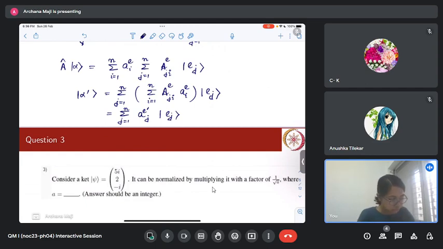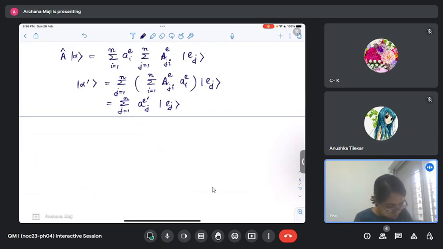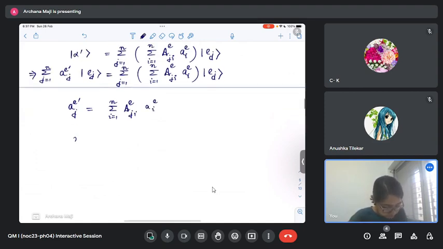So what do we get from here? We see that, if I compare these two, comparing these two, we can see that left hand side and right hand side is equal to summation over I equal to 1 to N. Again, you can write it in matrix notation.